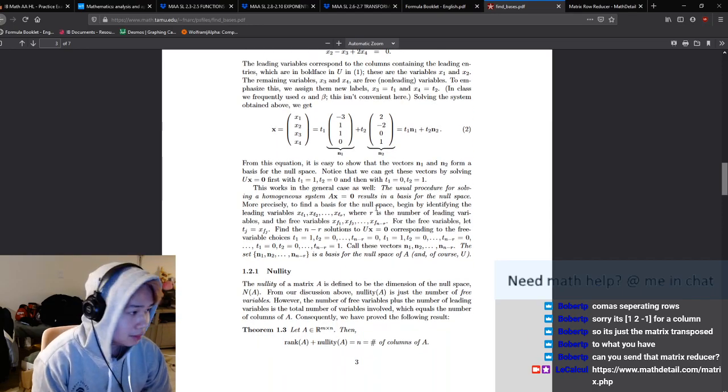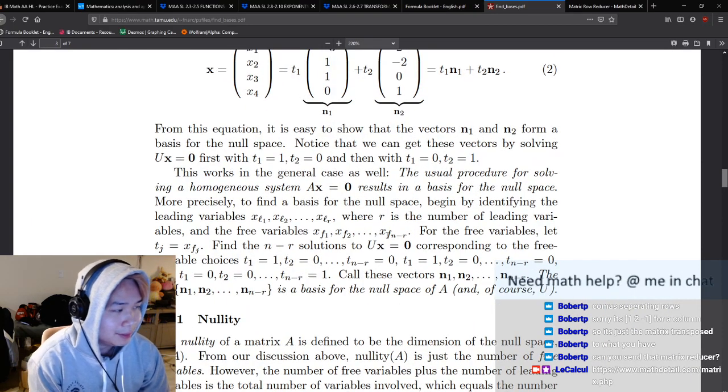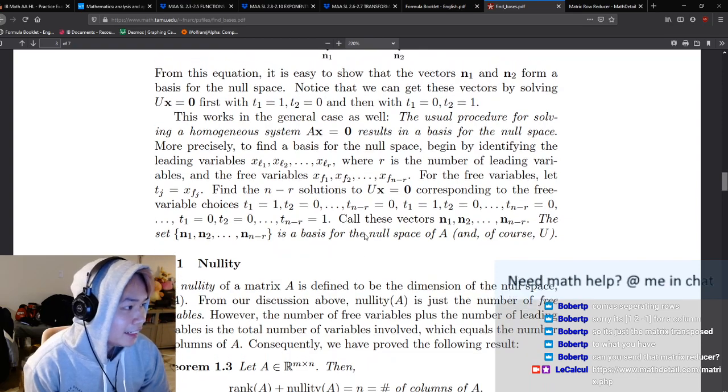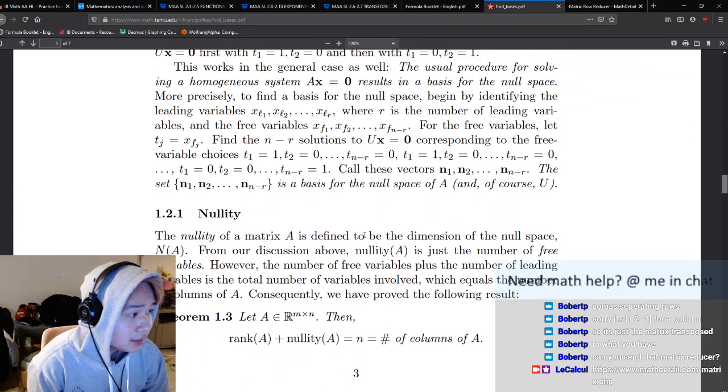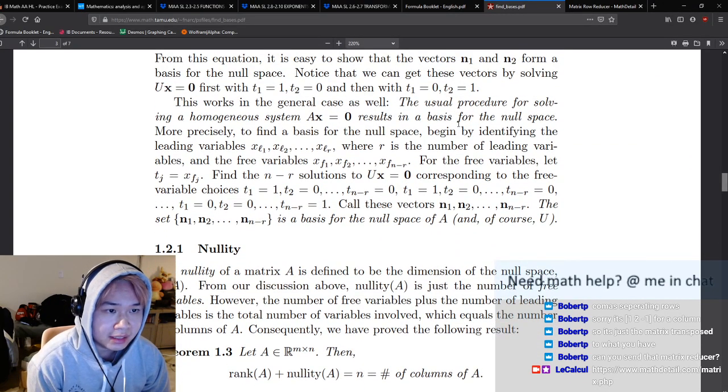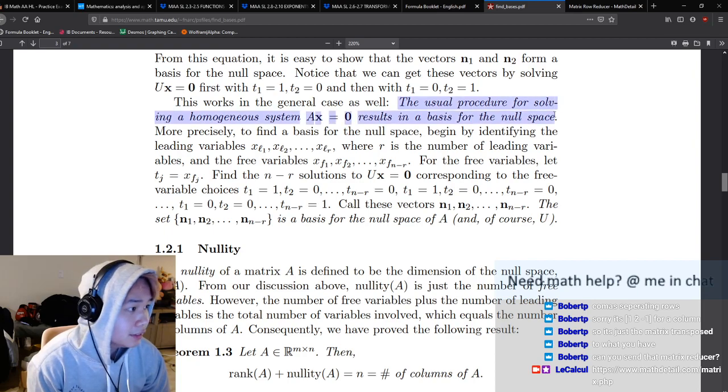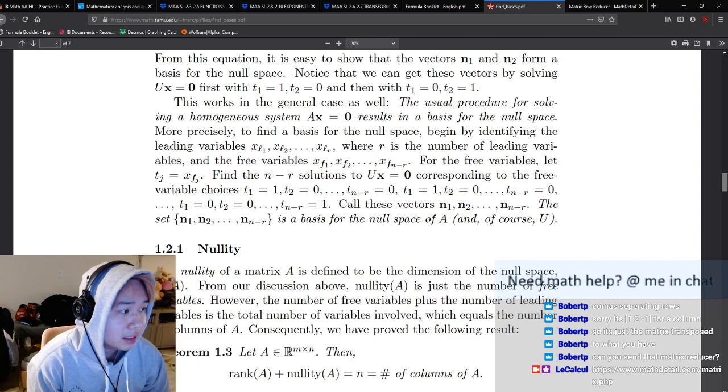Let me zoom in. It's all coming back to me, and I'm not just lying. So essentially, to find a basis, they said it right here: the usual procedure for solving a homogeneous system, A times a vector x equals 0, also results in the basis. Well, for the null space at least.